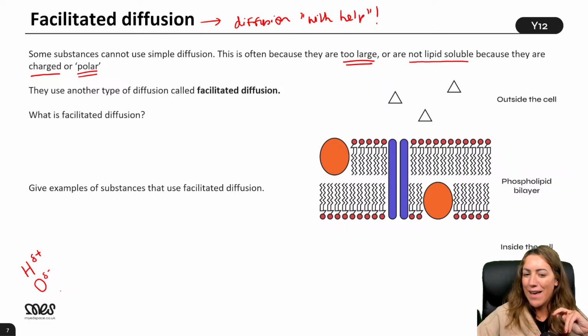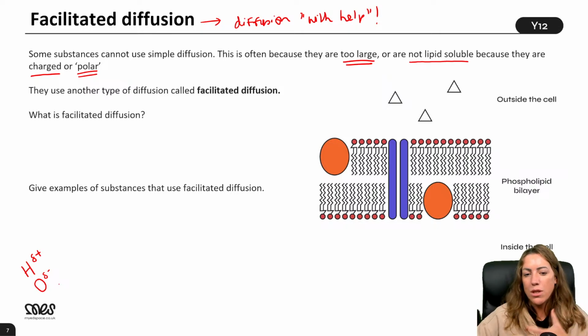Let's just leave it at that for now. Water is such an odd one. I don't want to throw too much at you in one lesson, but water uses both. Water uses simple diffusion and it can use facilitated diffusion. Even though it can use simple diffusion, it is quite slow, so it also uses facilitated diffusion.